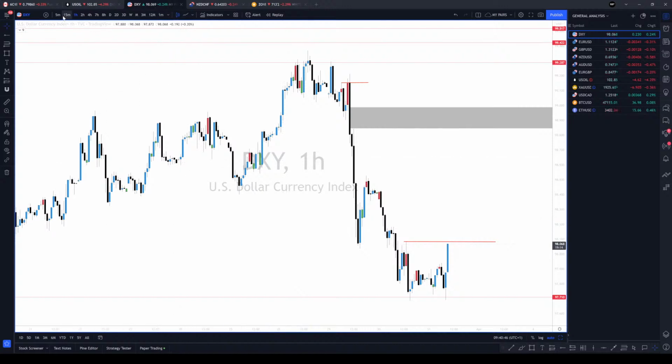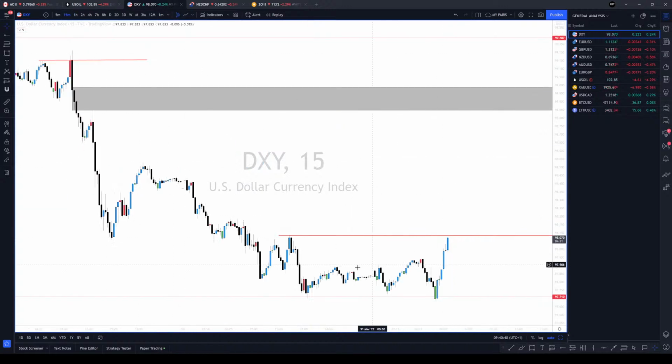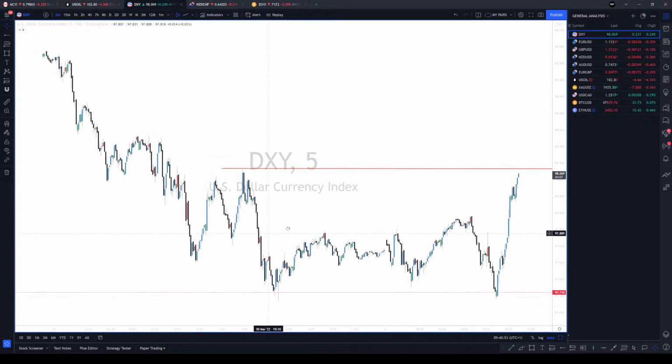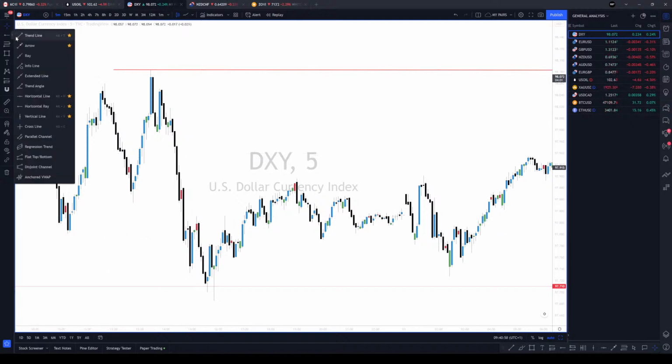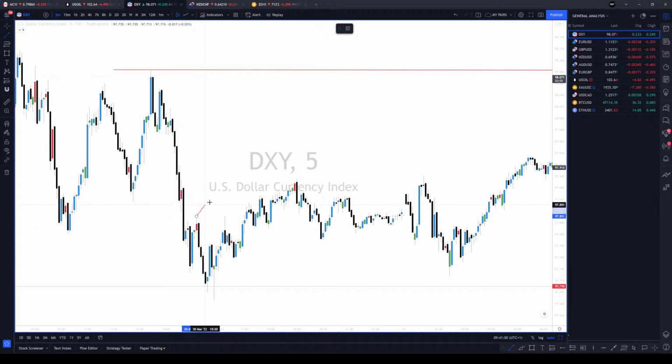On the 15 minutes, yes, here, let me drop down to the 5 so you see it properly. On the 5 minutes, it broke market structure here, which is something that I've been recently introducing you guys to, trying to identify the trend on every time frame.